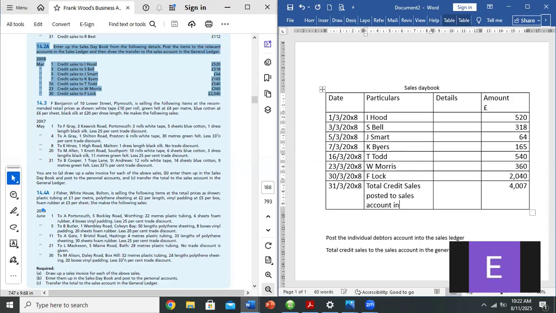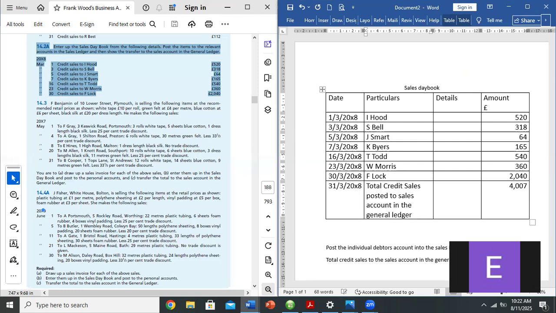So total credit sales posted to sales account in the general ledger. And you have to give all these particulars to earn your marks. So professors, that is also to tell you that the sales account is kept in the general ledger. Students get confused and always say the sales account is kept in the sales ledger. No. In the sales ledger, we keep debtors like Kofi, iHood, SBL, KY Limited.